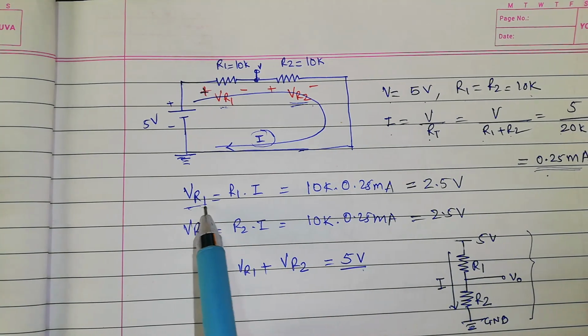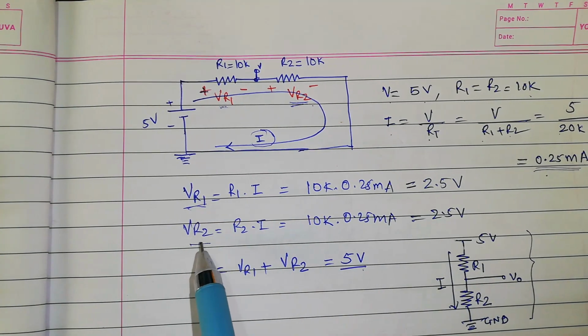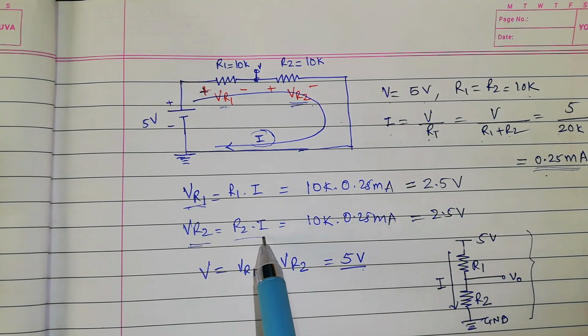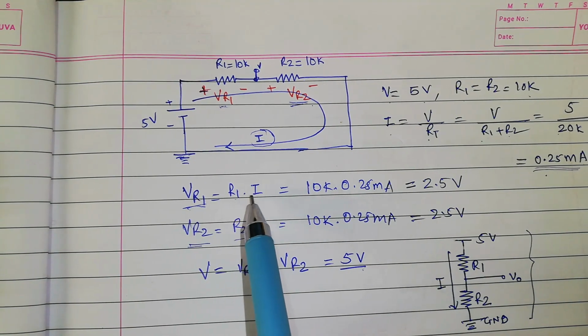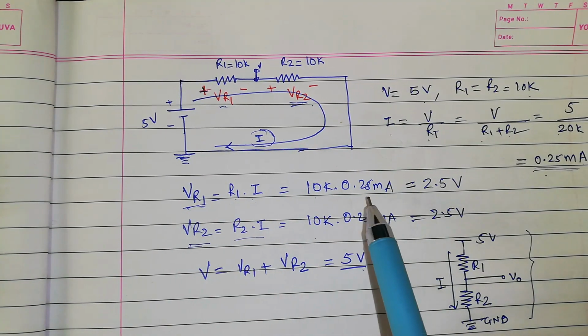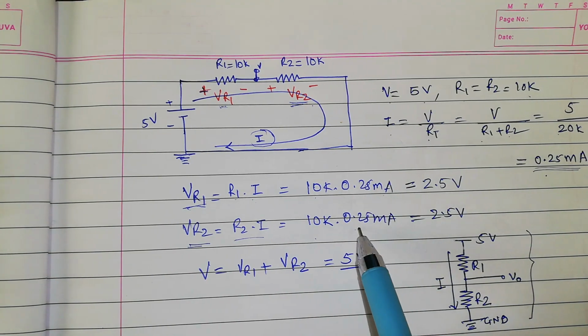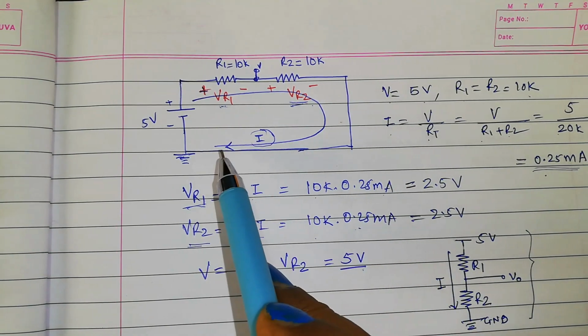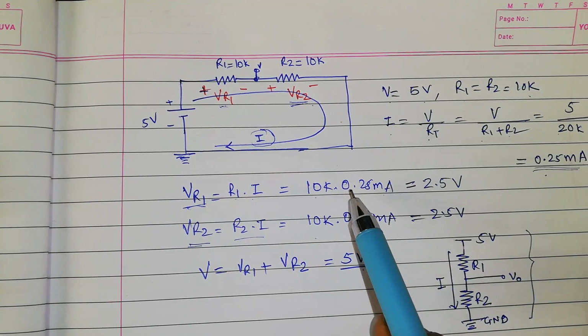Similarly, the voltage dropped across resistors R1 and R2 can be calculated through Ohm's law again. Product of resistance and the current is the voltage. You have 10k each and you multiply that with the calculated current, because it's a series connection. It is also called a series circuit.